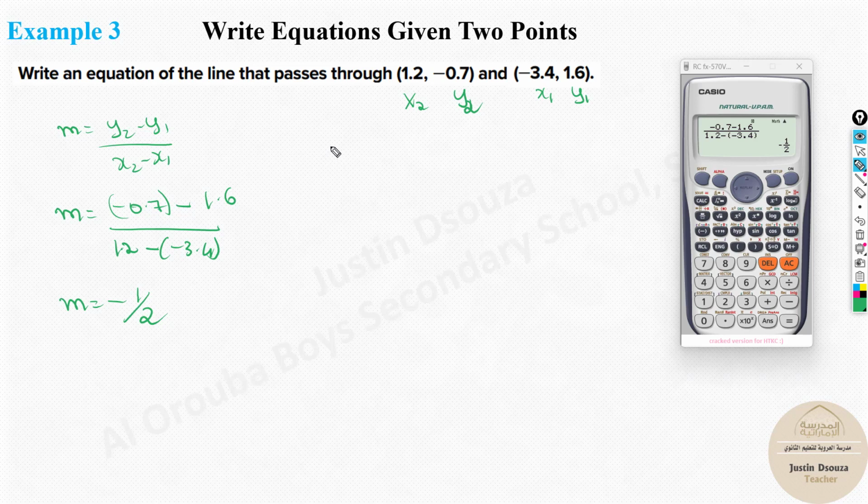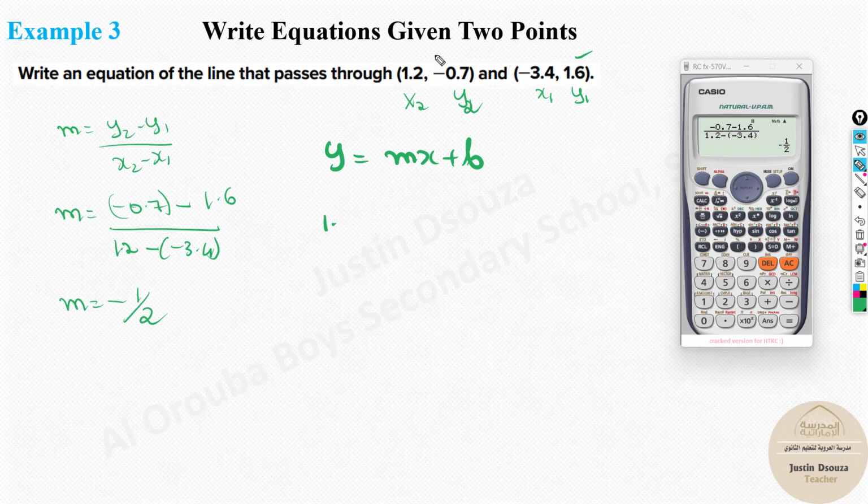So I'll write over here the slope-intercept form, y equals mx plus b. What is the y value? It's up to you to choose. I'll just choose this one. You need to find the b value. What we did in the last class, last part of this video, last problems, we had the m value and then we substituted in this and found the b.